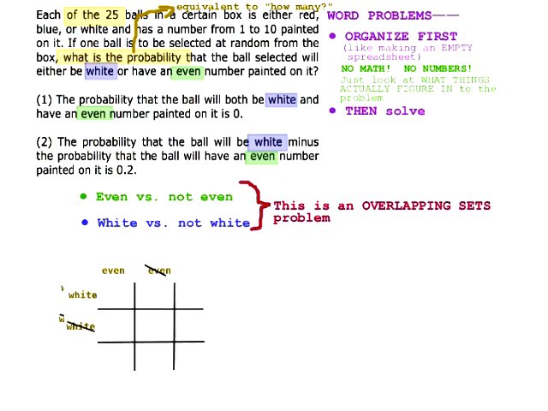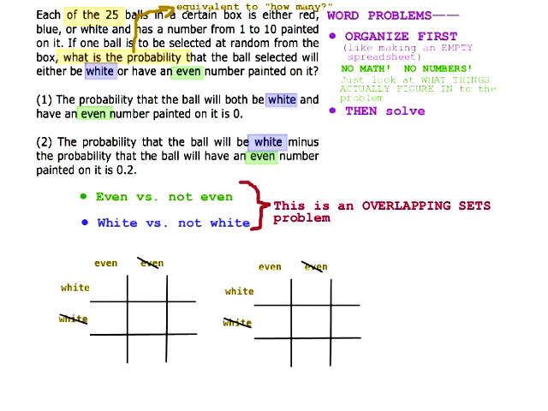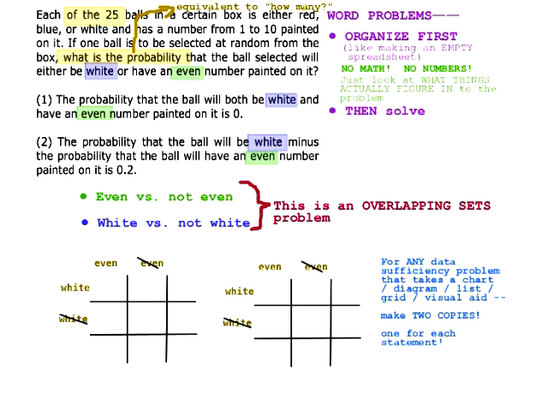Anytime at all for any data sufficiency problem that uses a chart or diagram or list or grid or any visual aid, make 2 copies of it, 1 for each statement. Because remember, you are solving 2 distinct problems.